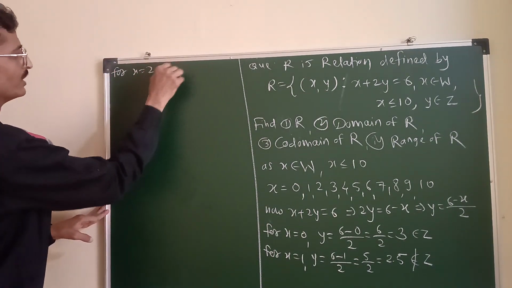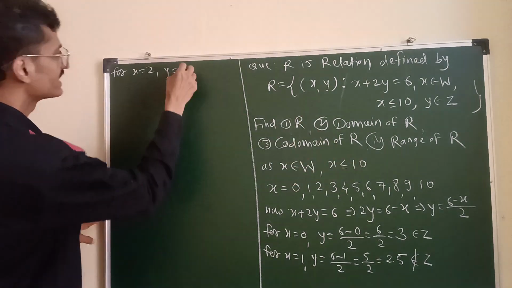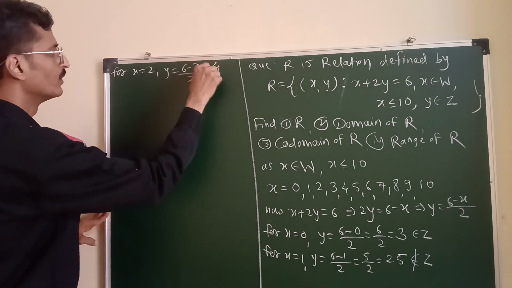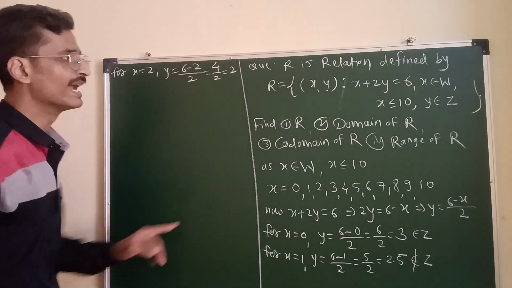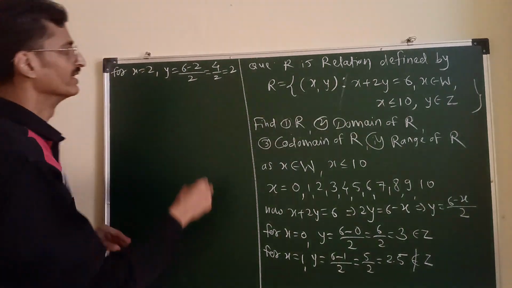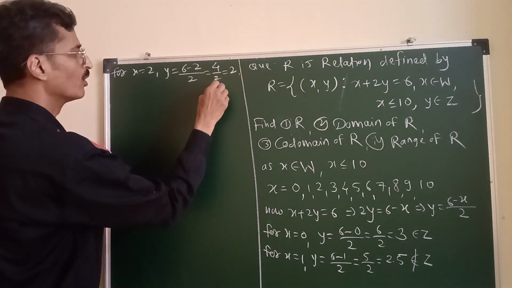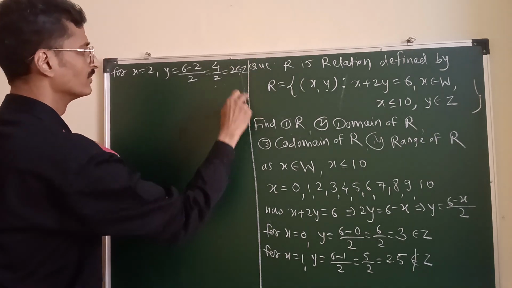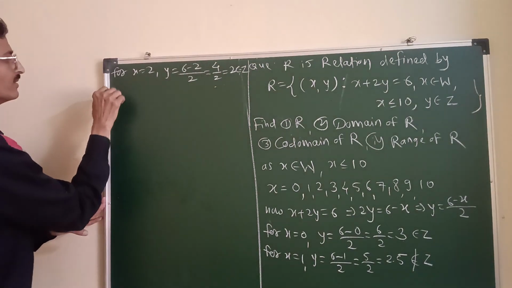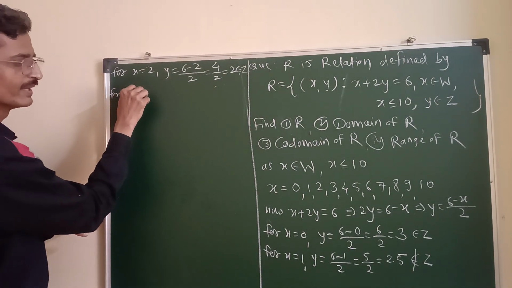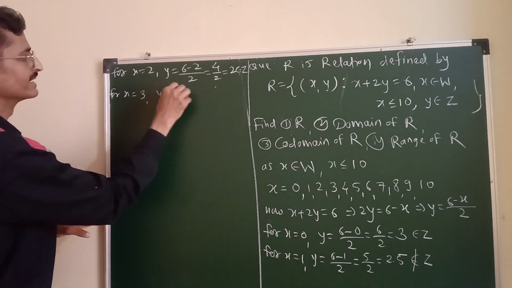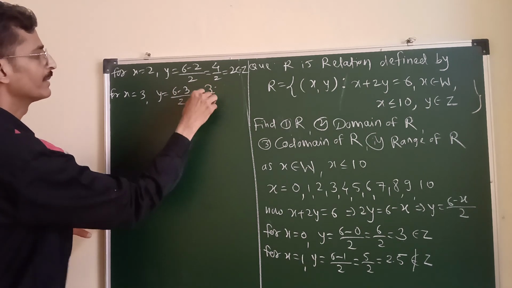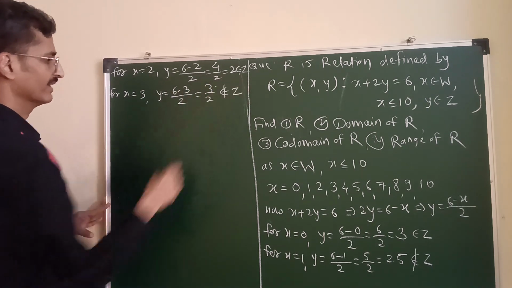For x = 2, y is (6 - 2)/2. So this is 4/2, that is 2, and 2 belongs to what? Integer. So here we can write 2 belongs to Z. Next, for x = 3, y is (6 - 3)/2, that is 3/2, which is not an integer.